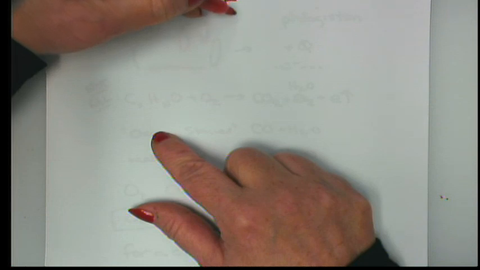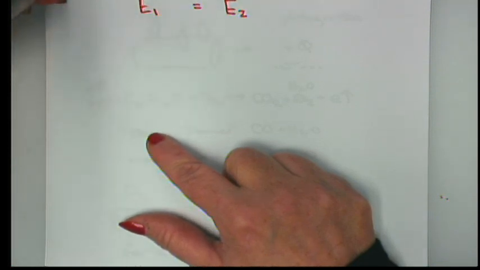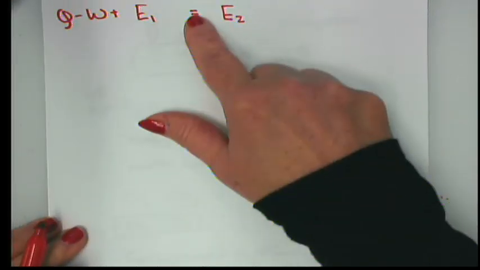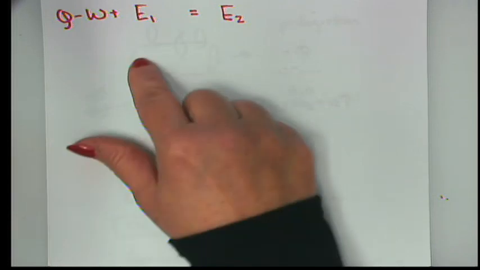But it turns out, we know that all of the energy in a system at time 1 is conserved. So using this sign convention, if we say Q minus W plus E1 is equal to E2, all of our equations will work out correctly.